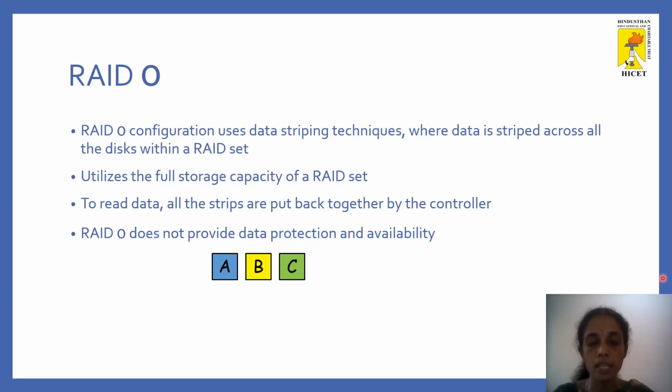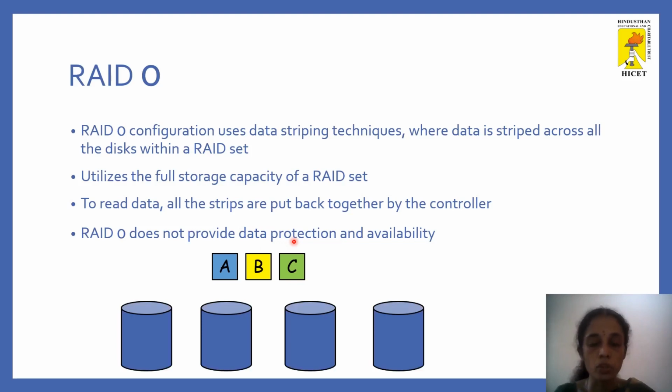Consider an example where you have data A, B and C. By using RAID 0, it stripes the data across all the disks within the RAID set. These disks together form a RAID set.